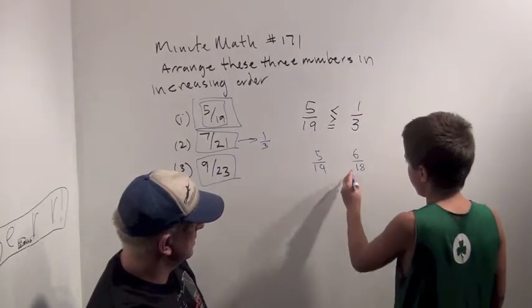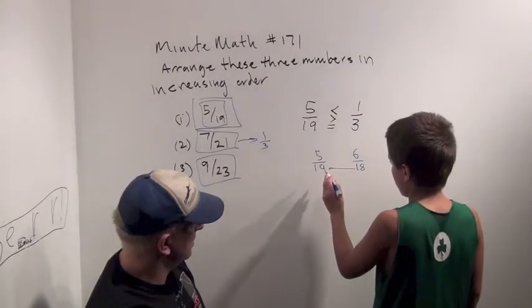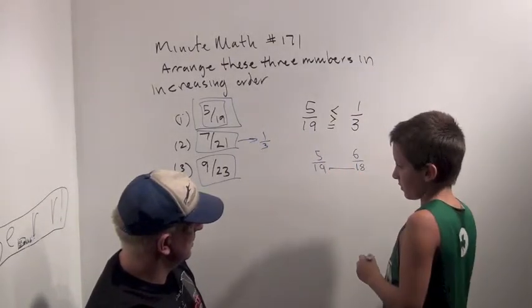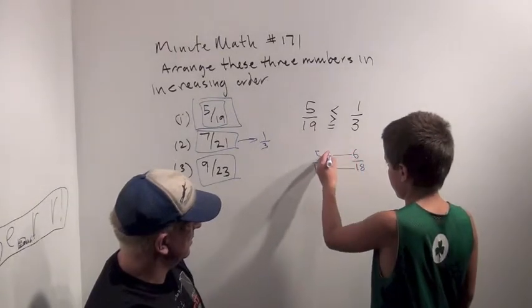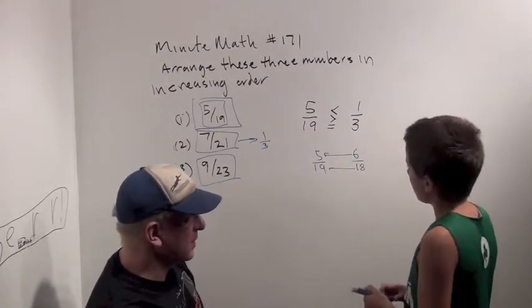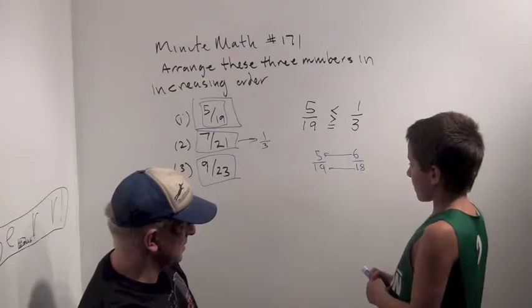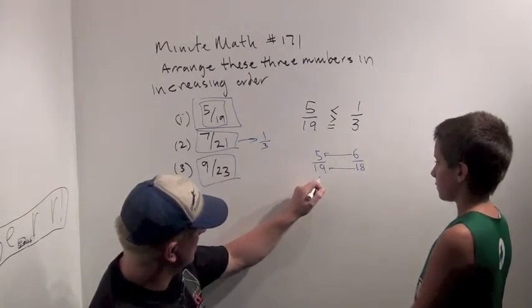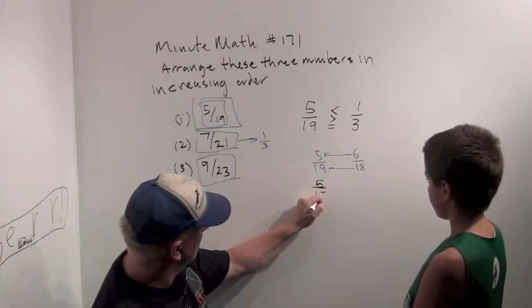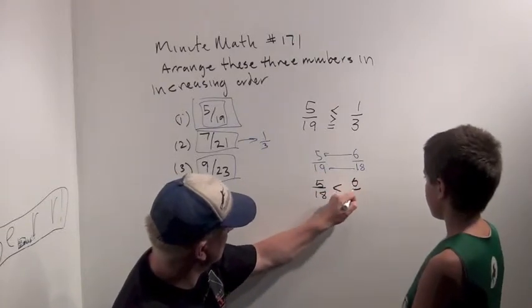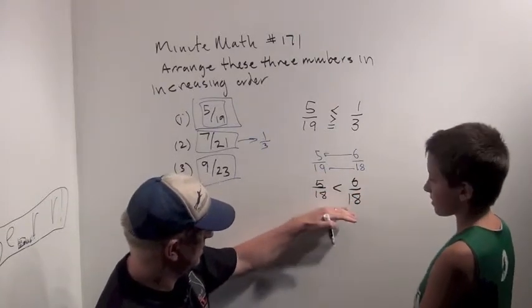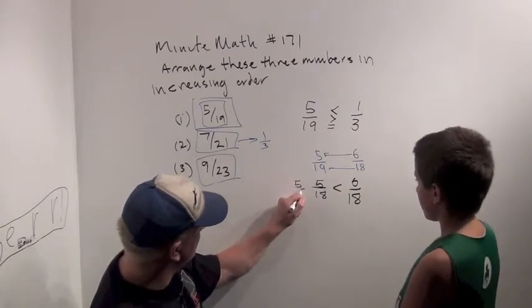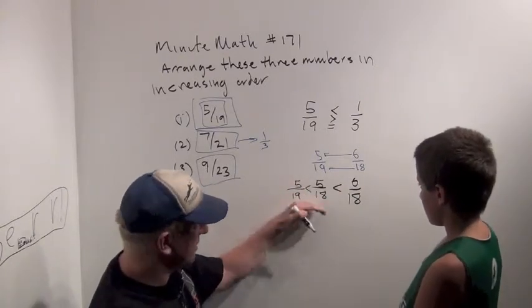We have the denominator bigger and the numerator smaller, because that makes the number smaller. So 5/18 is definitely less than 6/18, right? Yes. And 5/19 is less than 5/18.